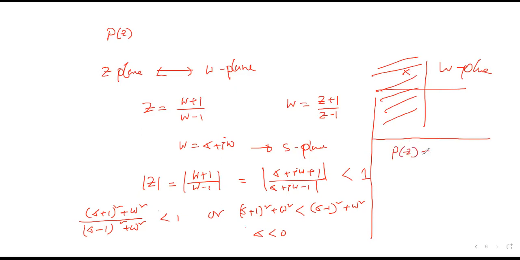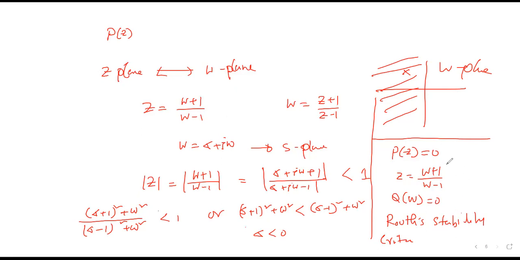So the bottom line is how to apply this one. You know already P(z) equal to 0, and you set z equal to (w plus 1) divided by (w minus 1). Then you find another polynomial, say Q(w) equal to 0. Once you know that, you form the Routh table, and apply Routh's stability criterion, and you're good to go with figuring out whether your system is stable or unstable based on the number of sign changes in the first column.